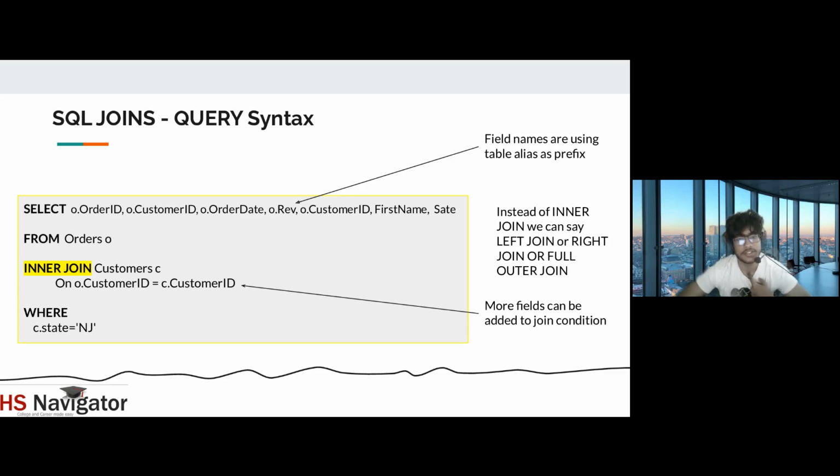What that means is we are performing an inner join based on the columns customer ID from table O and customer ID from table C. So it's only gonna return values where they're both equal. And we can also filter it once again where C dot state is New Jersey. So the state within table C has to be equal to New Jersey for it to be in our result.